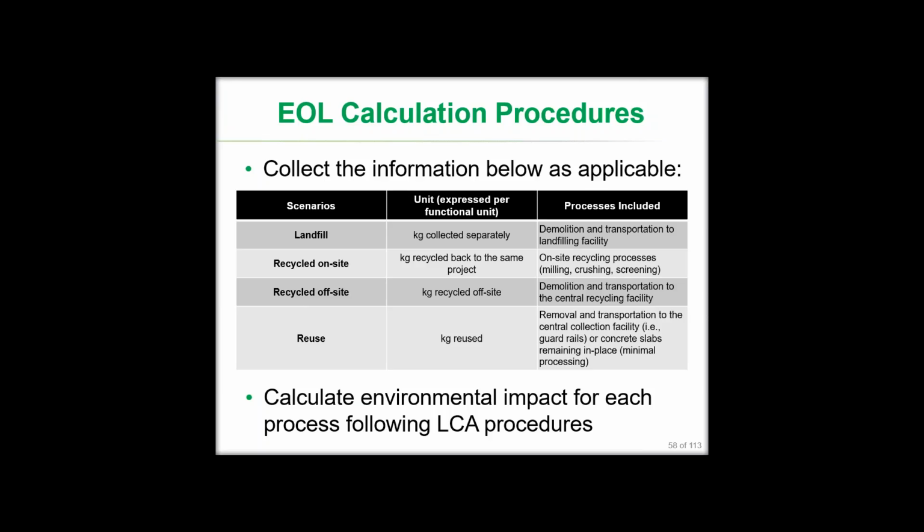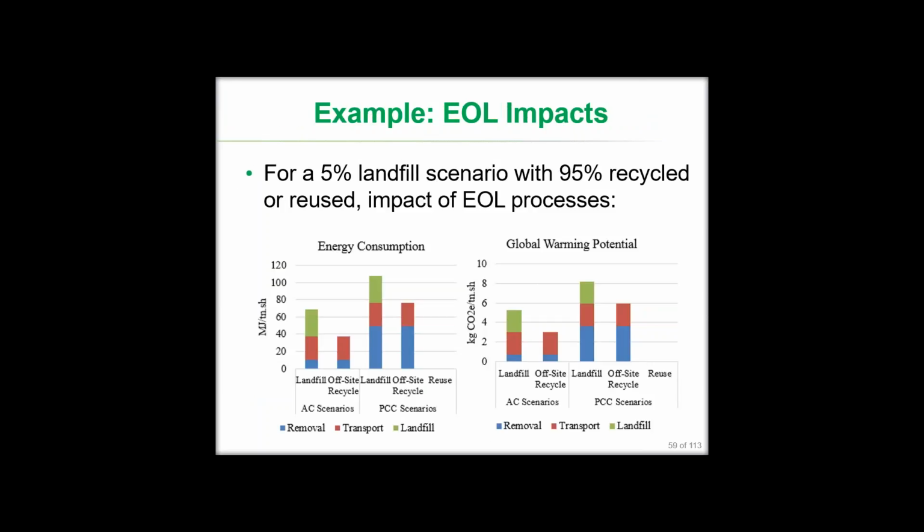So finally, I'm going through a very simple example where we're trying to show the significant role of the end of life and its impact. For example, for a 5% landfill scenario where we have 95% recycled or reused, as you can see in the figure on the left, this is the impact of the end of life on the energy, and on the right you are seeing the impact on global warming.